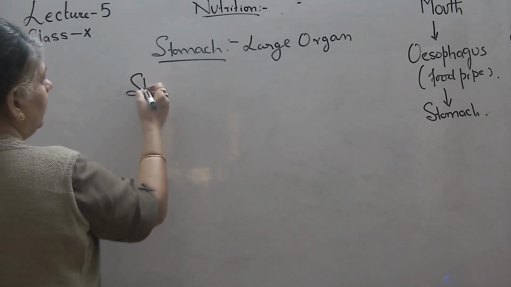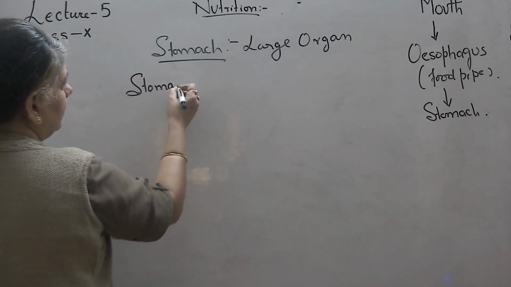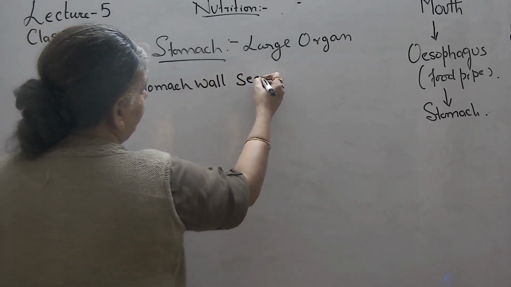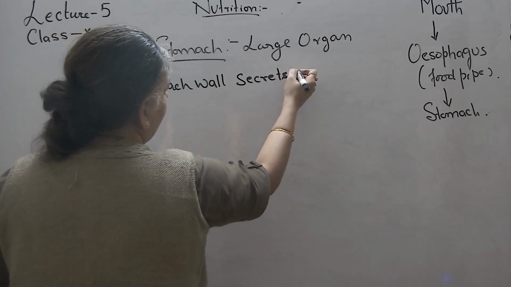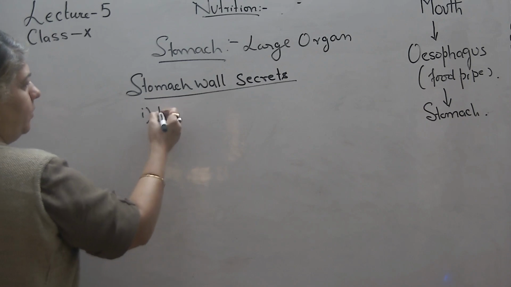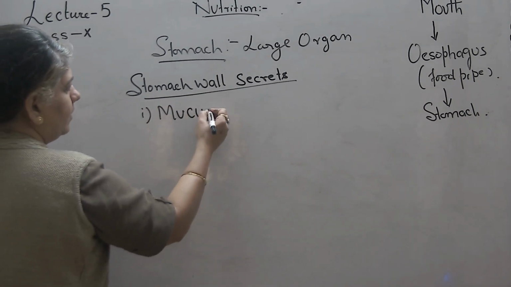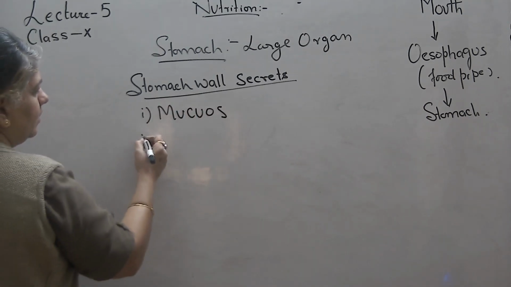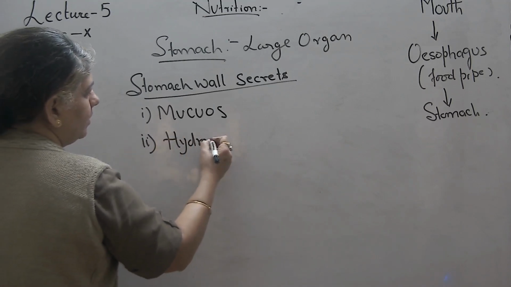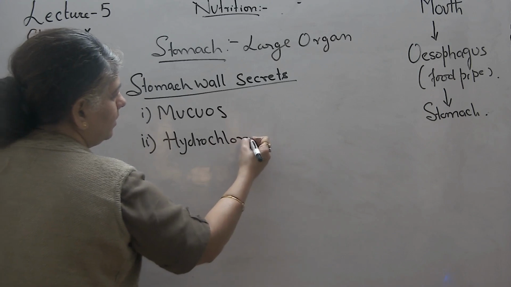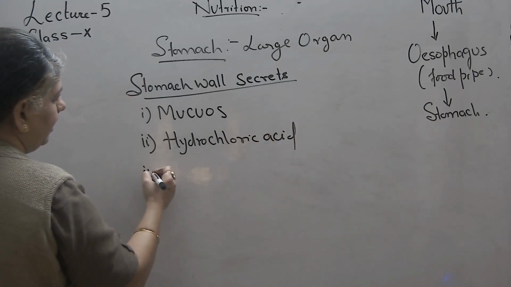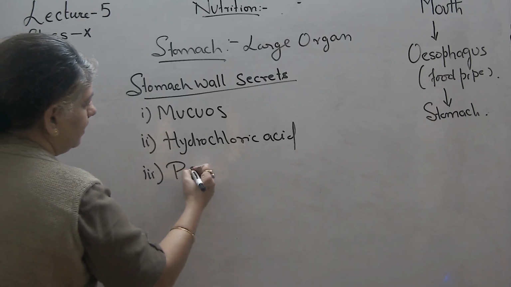The stomach wall secretes mucus, hydrochloric acid, and an enzyme called pepsin.